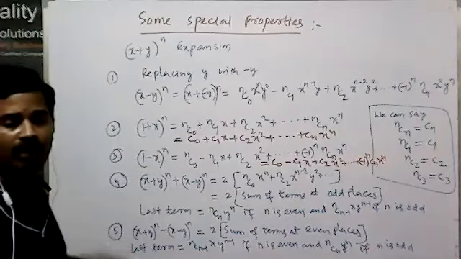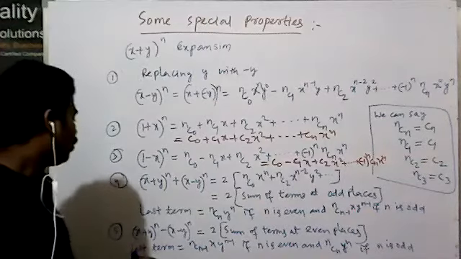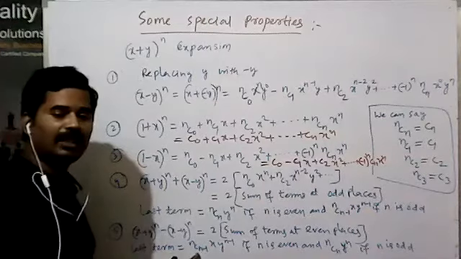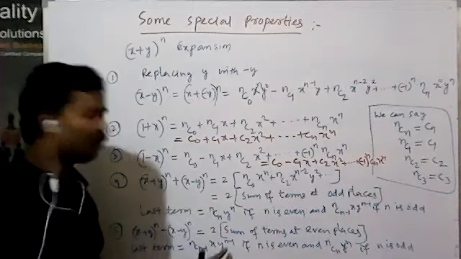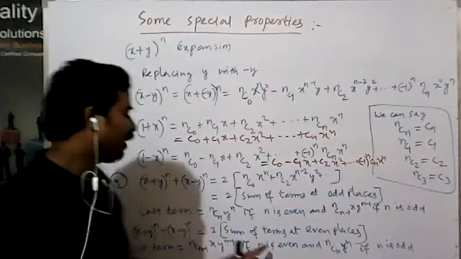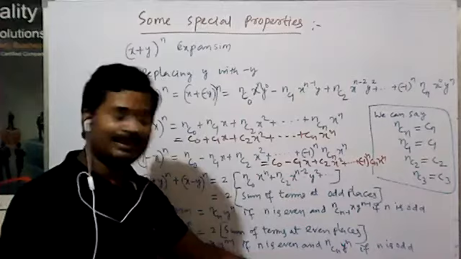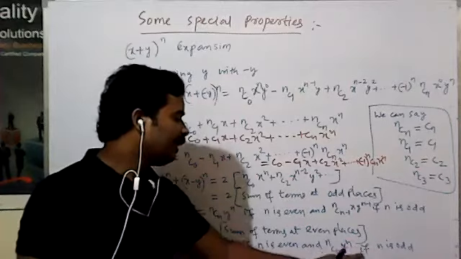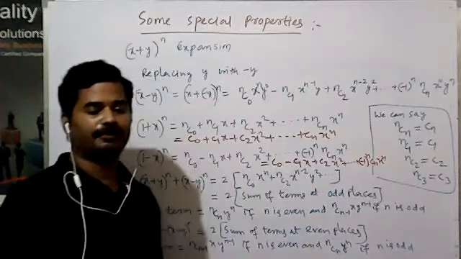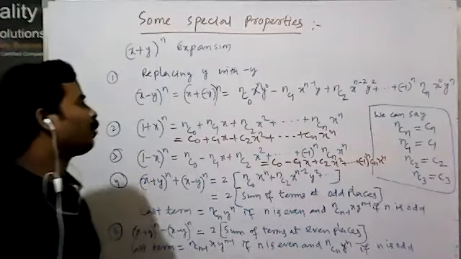The last term of the expansion of the subtraction, ncn minus 1 x y to the power n minus 1 if n is even, and ncn y to the power n if n is odd. These are some special properties.